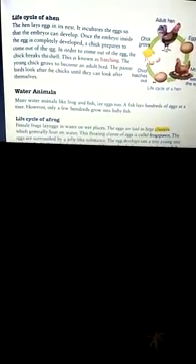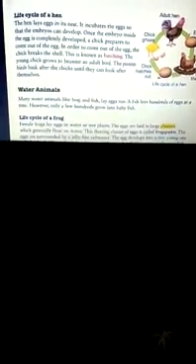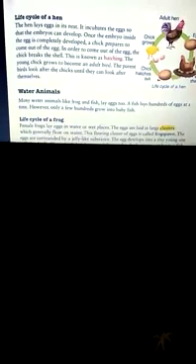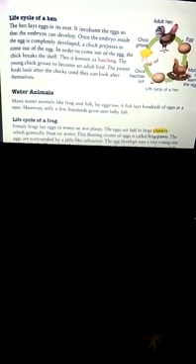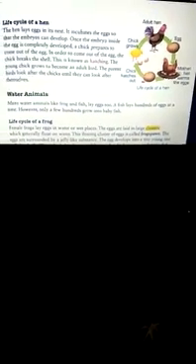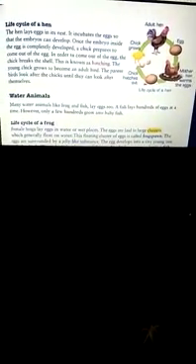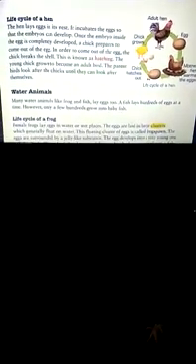So children, in our previous classes, we studied that parental care in birds is of very great importance, because we can see parental care at a high level in mammals, and birds too are really taking care of their babies.